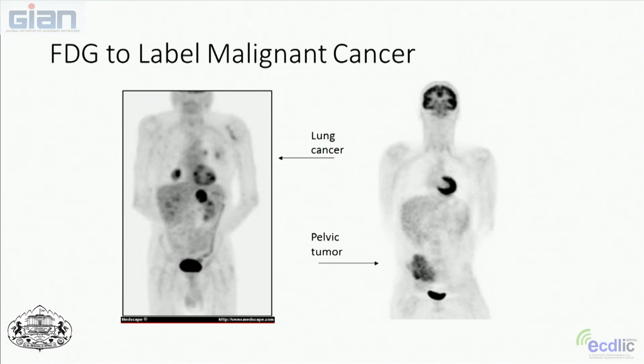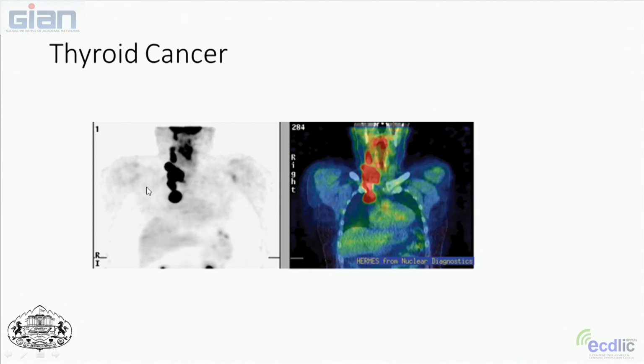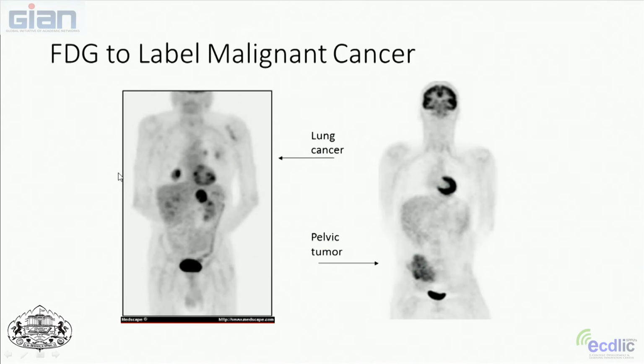So this would be somebody who has lung cancer here. And you can see these hot spots lighting up here in the body. This is somebody who has a pelvic tumor. So you can see again, there are areas of the body that already use high levels of glucose, the brain and the heart.